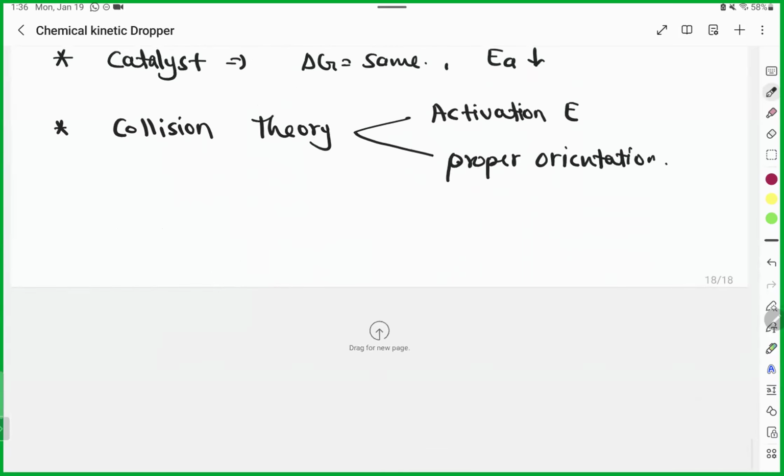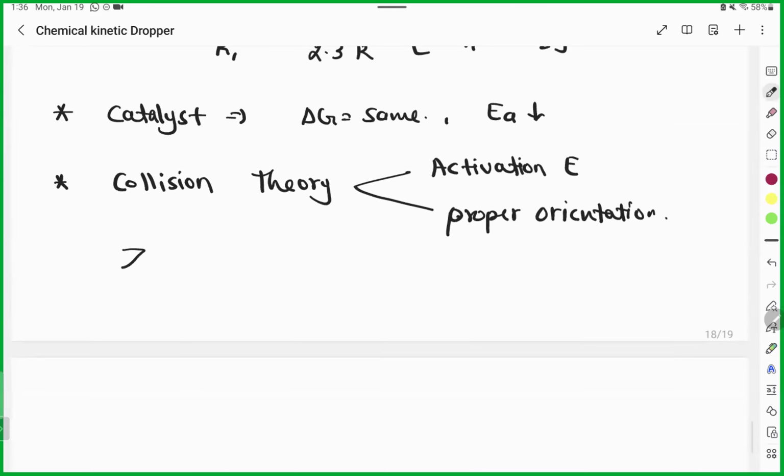Correct. And that's why you come up with the concept of ZAB, collision frequency. How two reactant molecules interact with each other or different molecules and are responsible for the collision. And you have P, the probability factor.